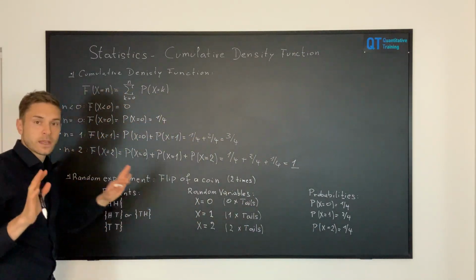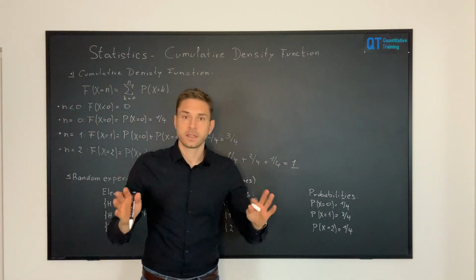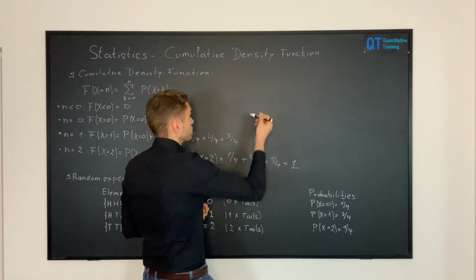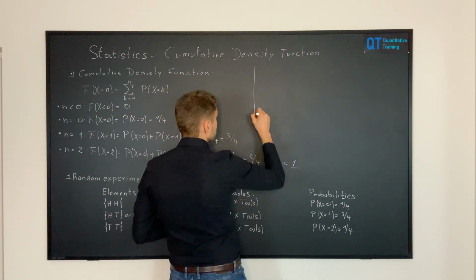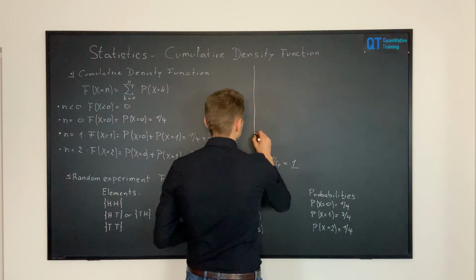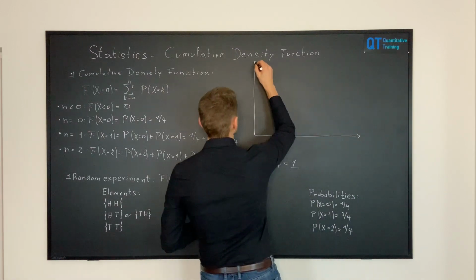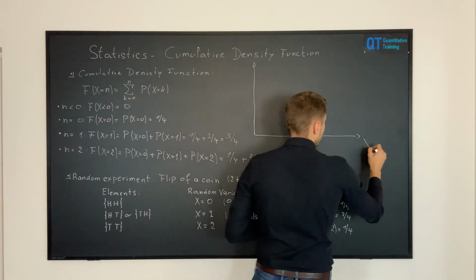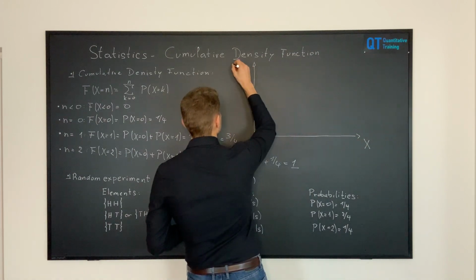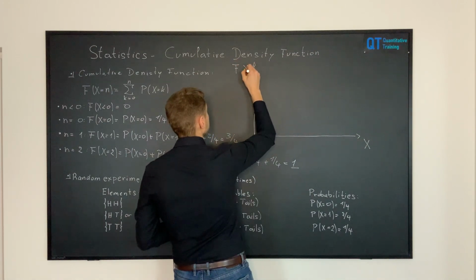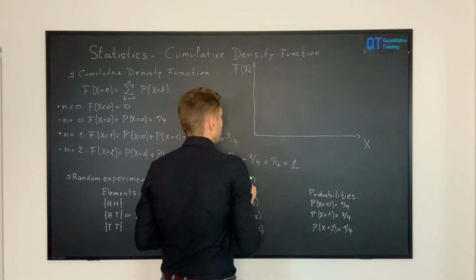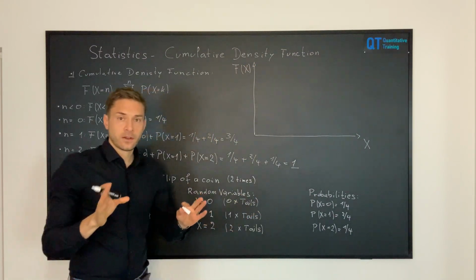So with this, we are now ready to draw the cumulative density function, which is a plot that has 2 axes, a y-axis and an x-axis. On the x-axis we have the random variable x, and on the y-axis, of course, the cumulative density function. So we are going to introduce the random variables first.